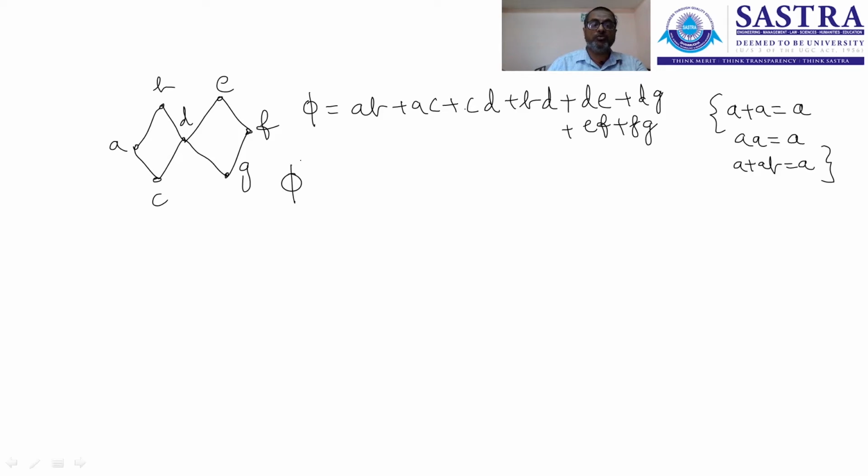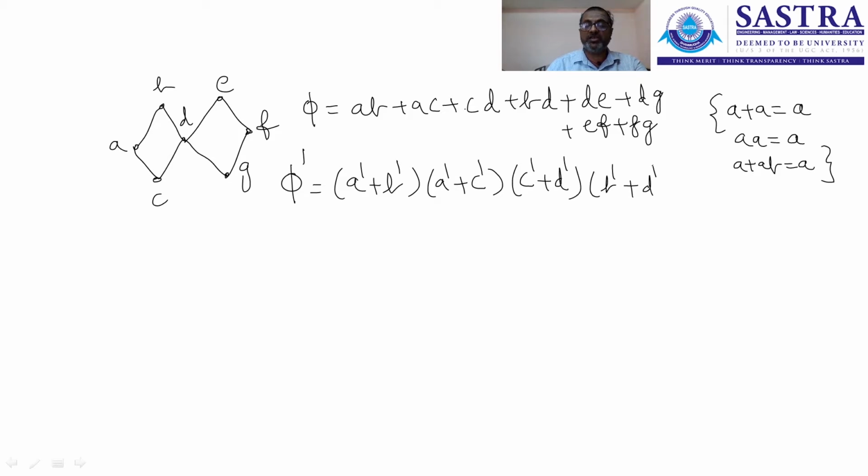So now I calculate phi dash. This would be A dash plus B dash multiplied by A dash plus C dash multiplied by C dash plus D dash multiplied by B dash plus D dash. Let me write this separately.